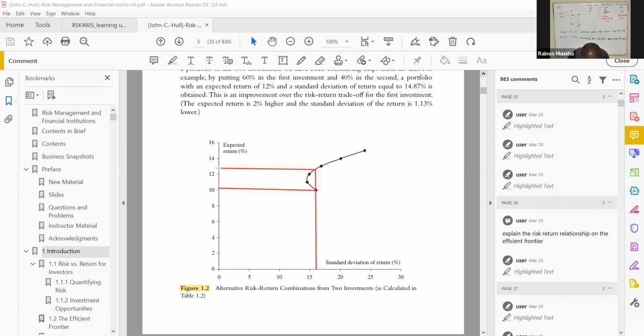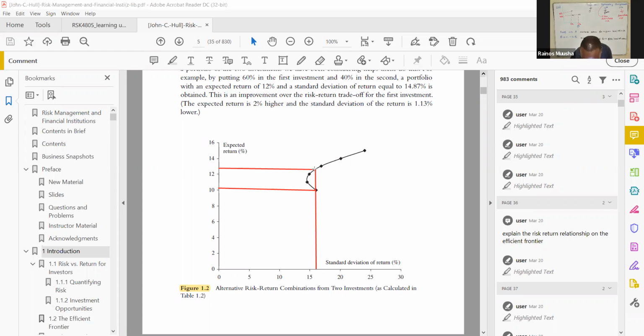and get this return. So the efficient frontier is made up of those combinations of portfolios which are able to maximize the return for a given level of risk and minimize the risk for a given level of return. So when we are creating the efficient frontier, this point is not going to form part of it. Why? Because there's a better option.